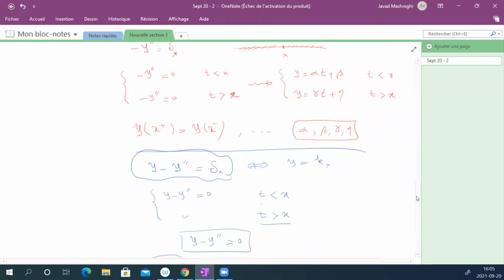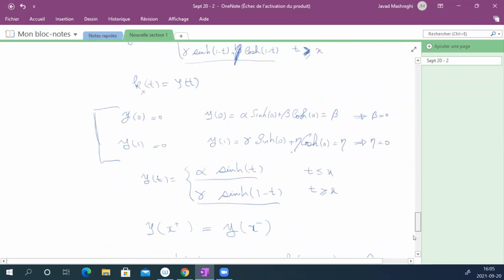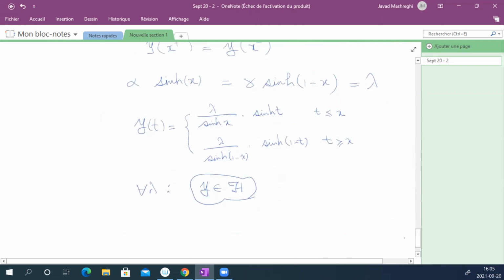Either this equation has to be satisfied, or, as in the previous examples, we verify what is the inner product of an arbitrary f with this, and when do we obtain the f of x precisely.